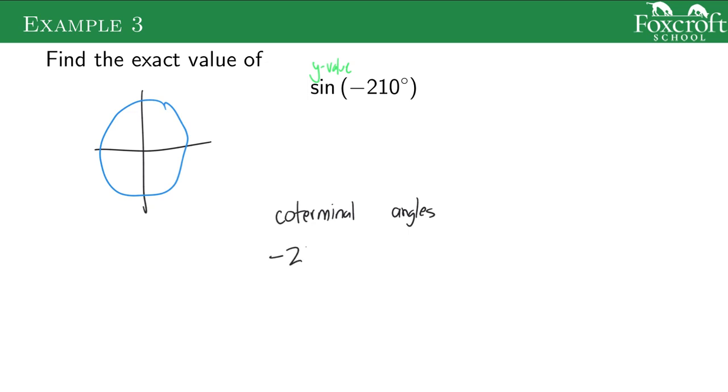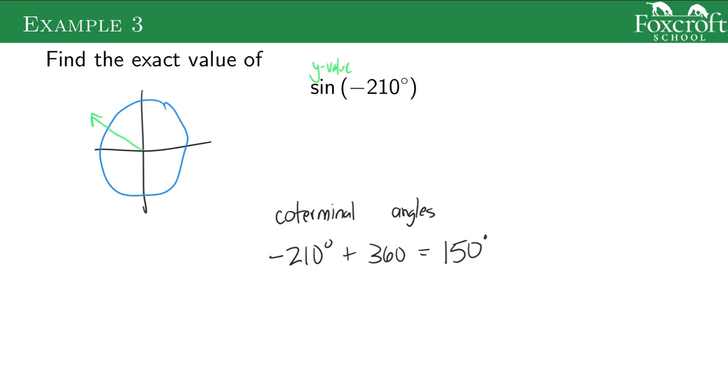If I take this negative 210 degrees and add 360 to it, that's going to do a full circle around and end up back in the same place. Negative 210 plus 360 is 150. And I know where 150 is on my unit circle. It's right here.